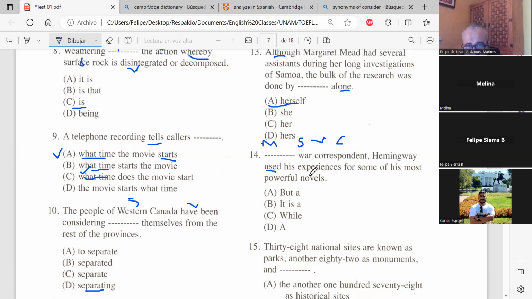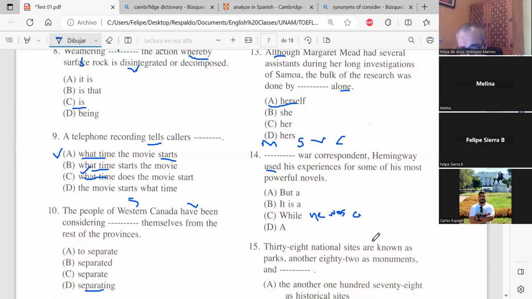So I say Hemingway uses experience for some of his most powerful novels, but a word correspondent. Here we have a verb, but we don't have a marker, this is the option. A word correspondent, I would say as a word correspondent, maybe a reduction. What is a reduction? Using and eliminating parts of a complete sentence: while he was a word correspondent.